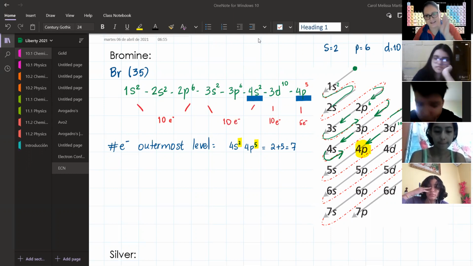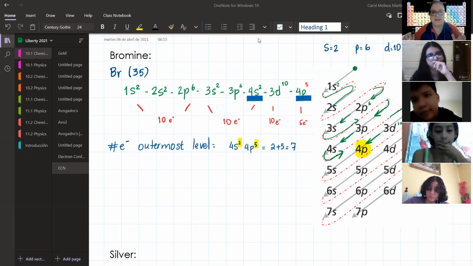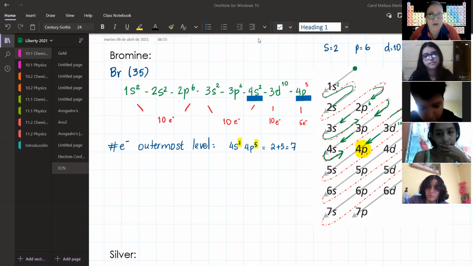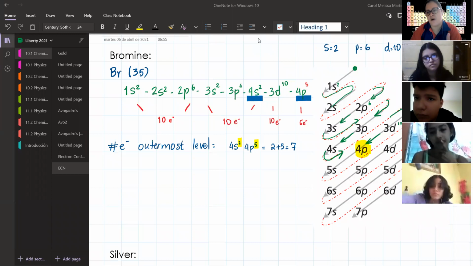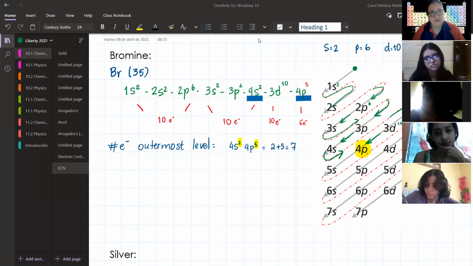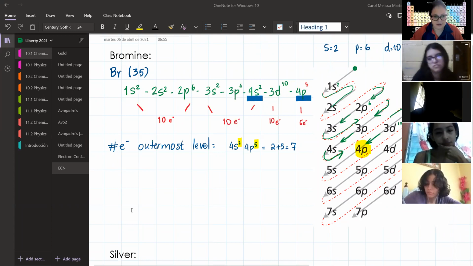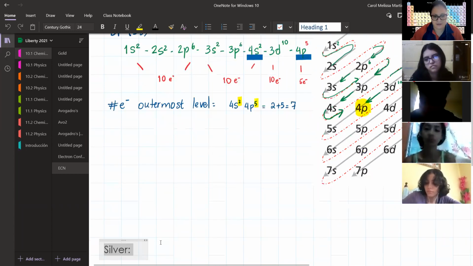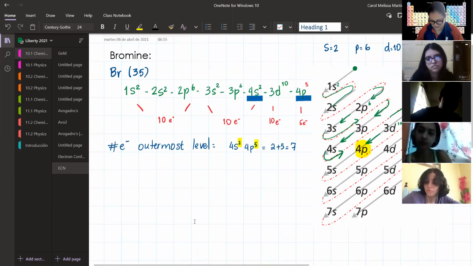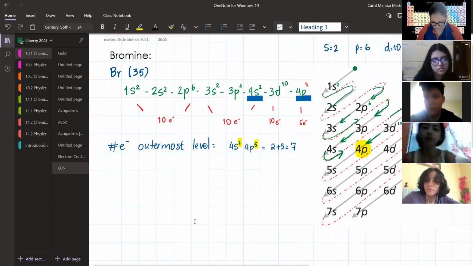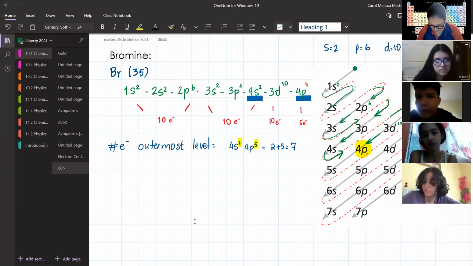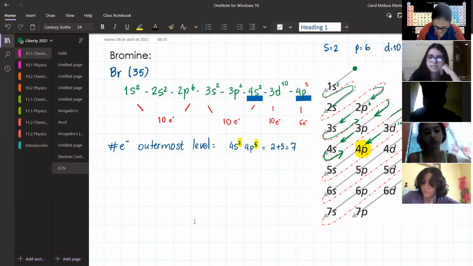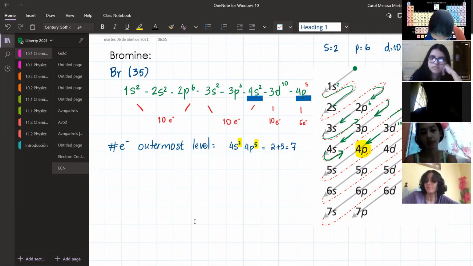And then this part I didn't teach you the other day, but it is the part where we need to show the structure of the bromine atom. So to draw the structure, this part you're going to be needing probably, so what we do is we're going to focus here.